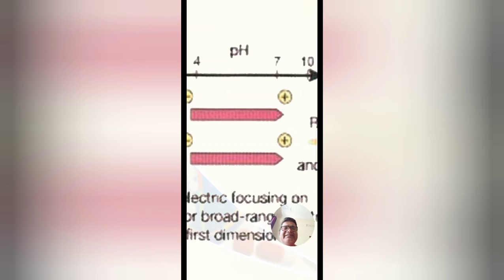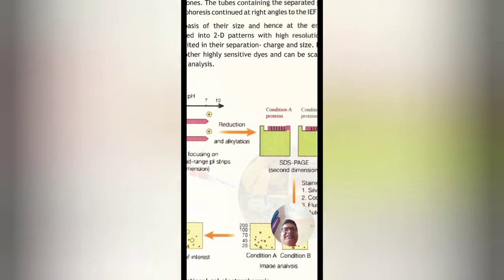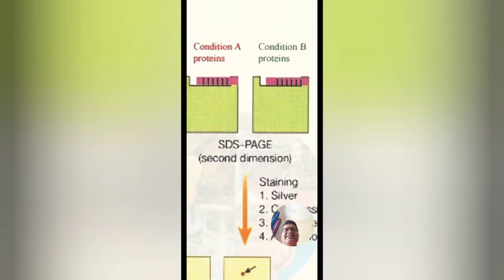That is the second technique of 2D gel electrophoresis, that is SDS-PAGE. In SDS-PAGE, we have already separated the protein sample of two different persons on two different pH strips through isoelectric focusing. Now the separated proteins we put in two different SDS-PAGE apparatus, where there is further a separation of protein on the basis of size or weight.